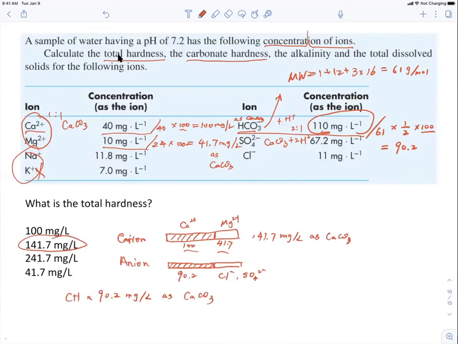All right, and then the non-carbonate hardness is going to be the total hardness minus the carbonate hardness, which is 141.7 minus 90.2, right? You can calculate what is the non-carbonate hardness concentration in this water here. All right, so this is the way to use the bar chart and then to analyze what is the carbonate hardness and what is the total hardness.